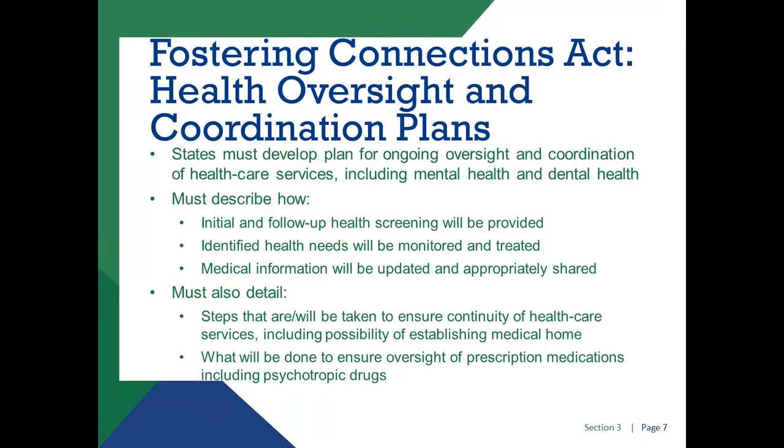So now the plans must describe what initial and follow-up health screening is provided, how the identified health needs are monitored and treated, and how medical information is updated and shared appropriately. And Fostering Connections requires the state plans to detail what steps are taken to ensure continuity of healthcare services for children, including the possibility of a medical home for every child in care.